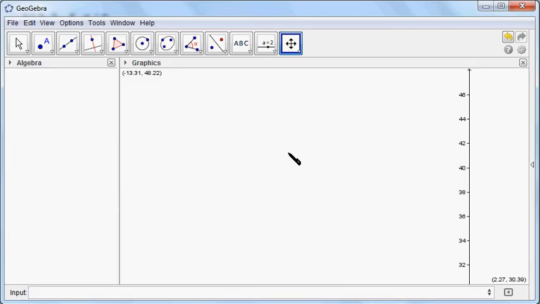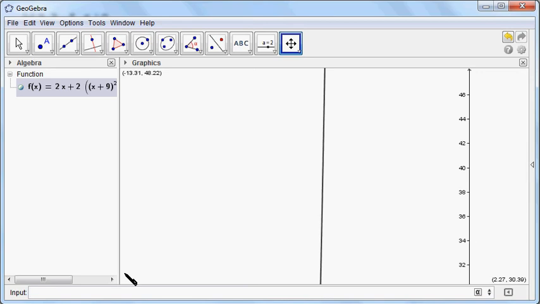So type in the derivative function: y equals 2x plus 2 times quantity x plus 9 squared minus 8, times 2 times x plus 9. Alright, so let's graph that.